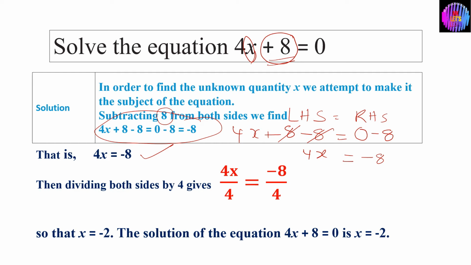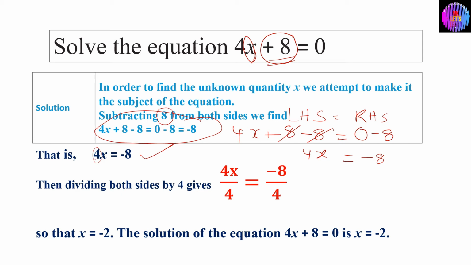Now we have to solve the equation. So we have to find the value of x. We have to find the root of this equation. The next step is we should eliminate 4 in the left hand side. How can we eliminate it? Look at here, 4 multiplies x.